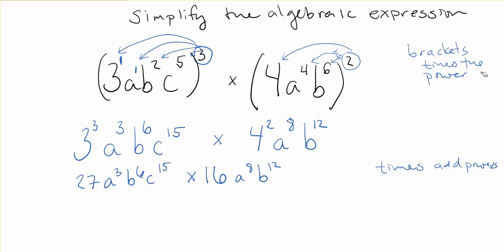Okay, so here I see I've got a to the 3 and a to the 8. Well, 3 a's and 8 a's becomes a to the power of 11. We've got a b to the 6 and a b to the 12, so we're going to get b to the power of 18. And I've got a c to the 15 with no other c's, so I'll just leave it as c to the power of 15.